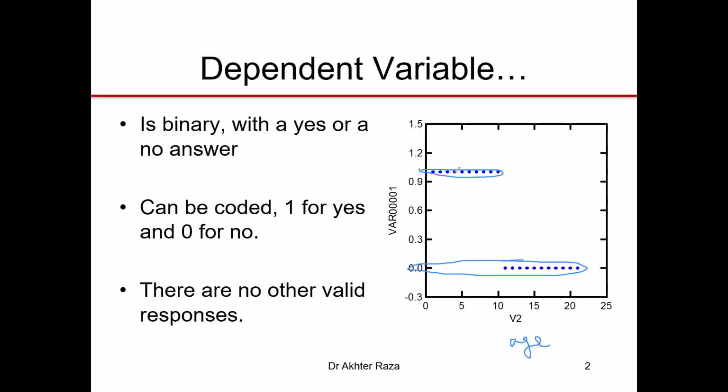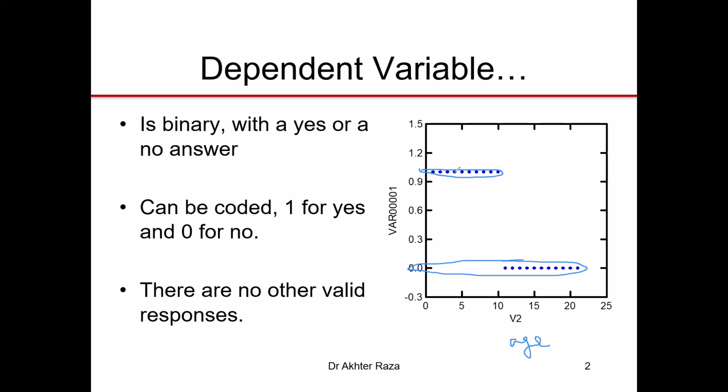For example, the loan will be approved or not approved. If the customer is of higher, older age, the probability of approval of the loan is 0. And if the customer is of a smaller, younger age, then there is a high probability of the loan being approved, right?